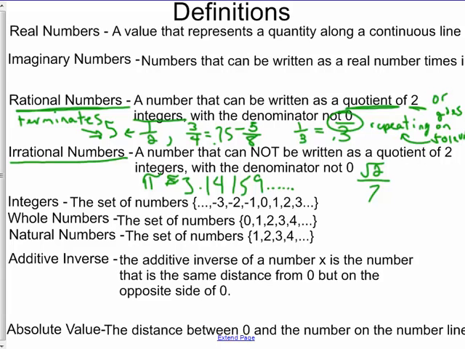The square root of 2, that is not an integer, therefore it would not be considered rational. Even though it's a quotient, it's not the quotient of two integers. If you were to do the square root of 2 in your calculator, you get 1.41, etc. It goes on forever without a pattern.